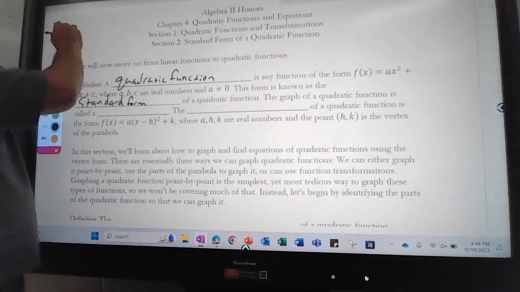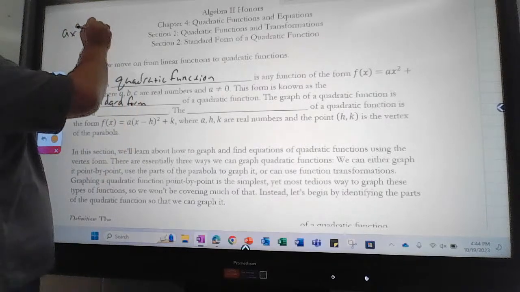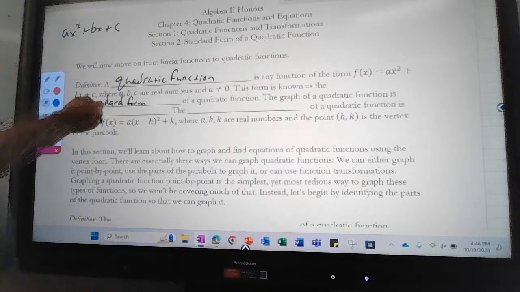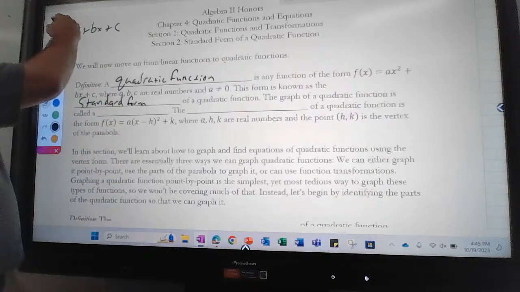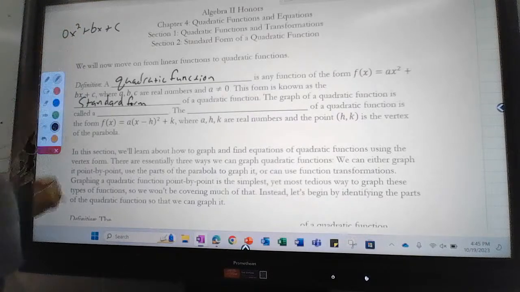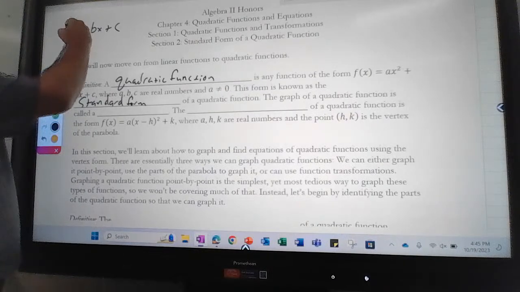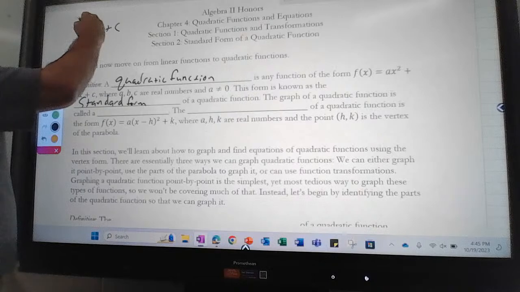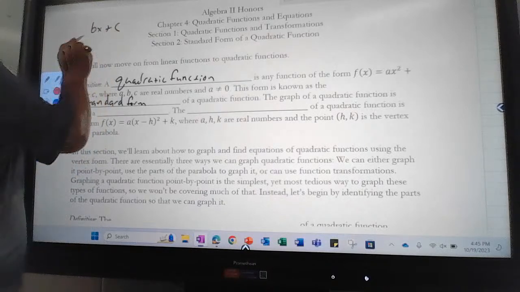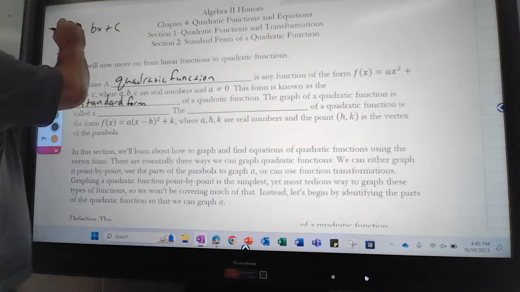Now the reason why a cannot be 0 is that if it is 0, then of course anything times 0 is just 0, so that essentially goes away. And then I'm just left with bx plus c, which is a linear function. So in order for it to be a quadratic function, a has to be a non-zero number.